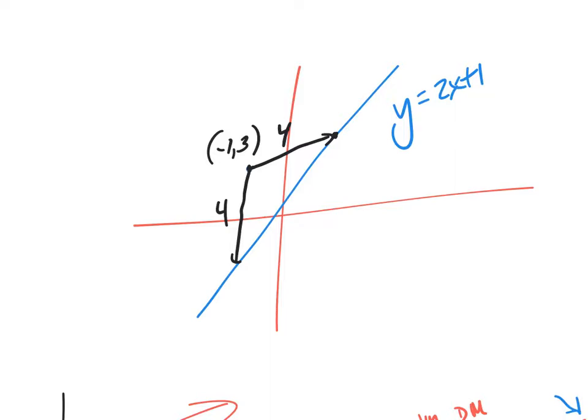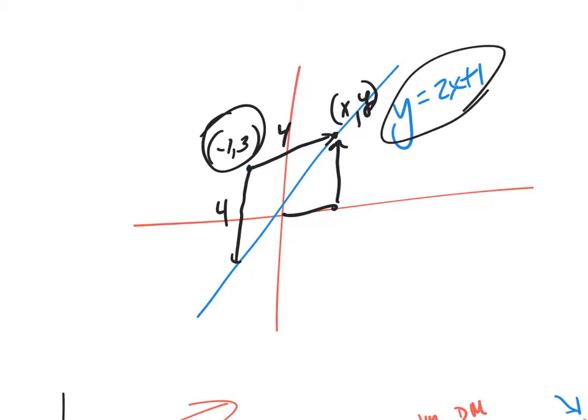Okay. Well, if this point is a known point, and this point is, I don't know, some distance over and some distance up, what's a good name for it if I don't know how far to the right and I don't know how far up? X and Y. I don't know how far over, I don't know how far up. But wait, I know what Y is. What does it say Y is?